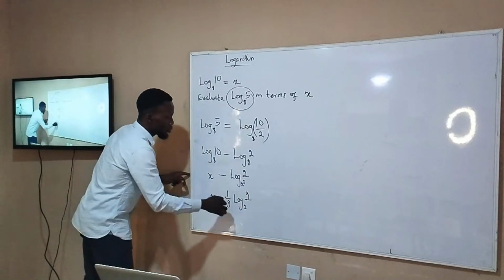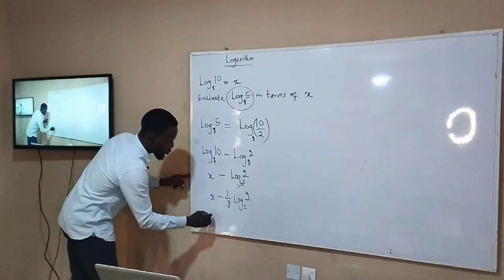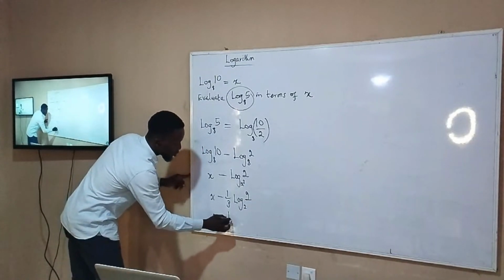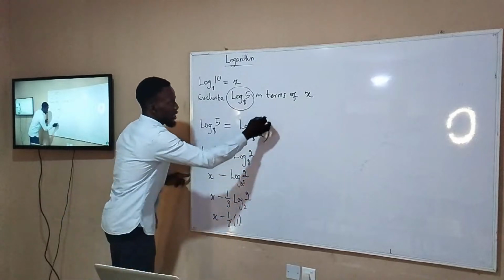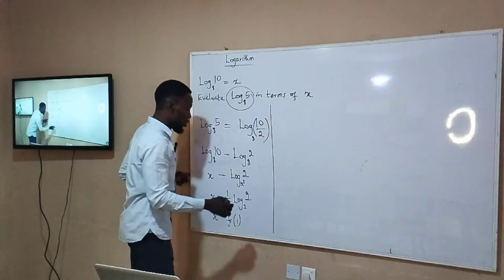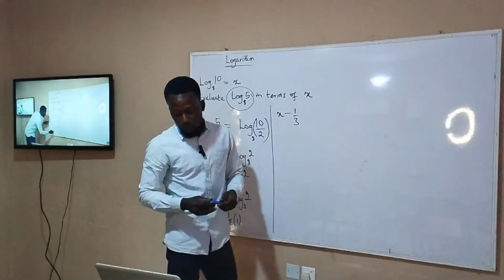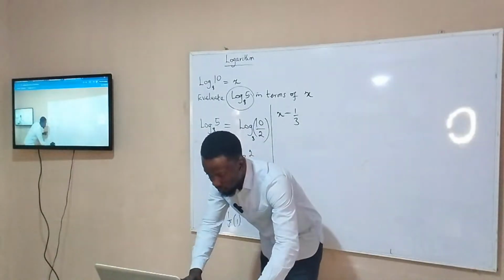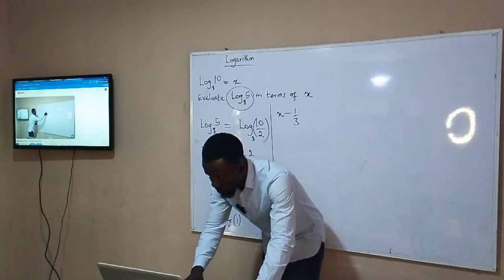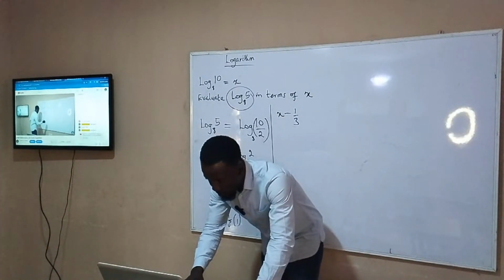So if you have not forgotten, log 2 base 2 is 1. So we are going to say x minus 1 over 3 times 1. And that gives us x minus 1 over 3.